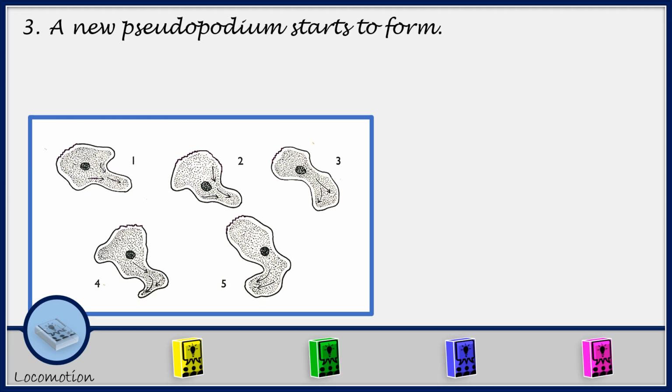A new pseudopodium starts to form again. When the whole of it has reached the other side, we shall form a new pseudopodium. In number 3 here, we are starting to form another pseudopodium. It still follows the same procedure.